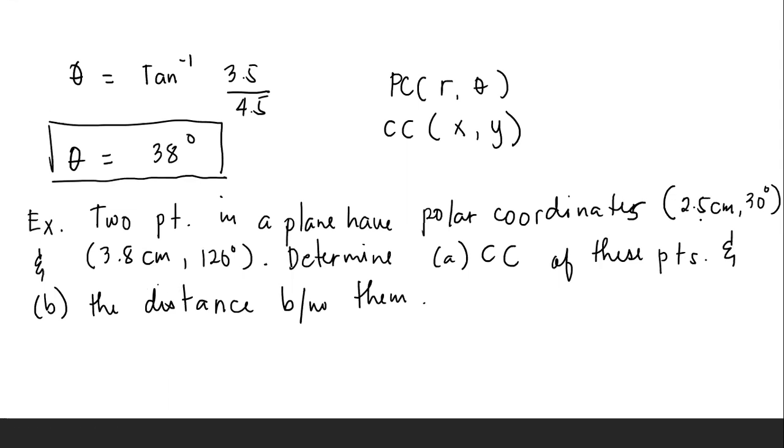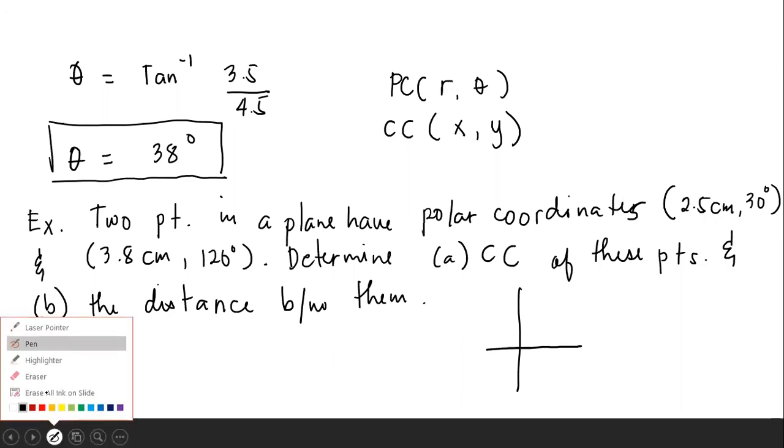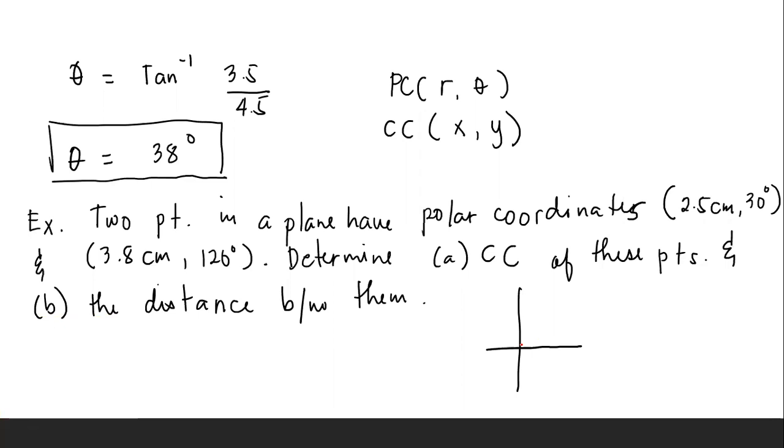Okay, your 2.5 centimeter lying on the 30 degrees, first quadrant. Next one, 3.8 centimeter, 120 degrees. Okay, you have 2.5 centimeter and 30 degrees.